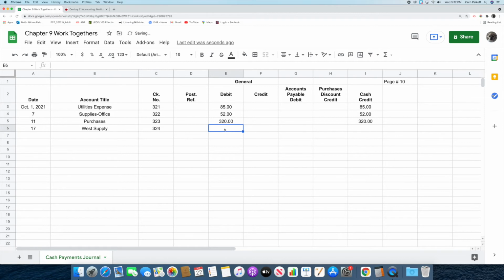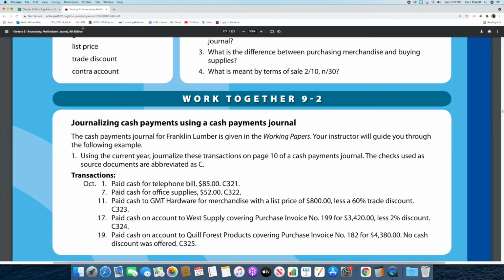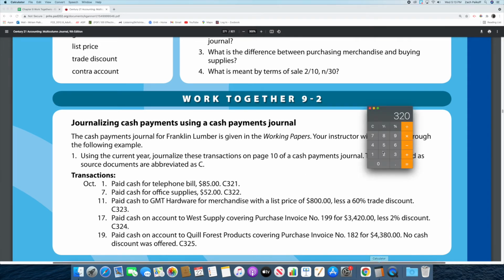And again, for this transaction, we are going to have to do a little bit of calculating. So the transaction read that we paid cash on account to West Supply covering purchase invoice number 199 for $3,420 less a 2% discount, and the check number was 324. So what we're going to do here is take the $3,420 and multiply it by the 2% discount.